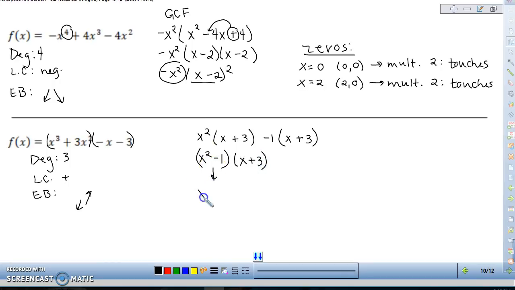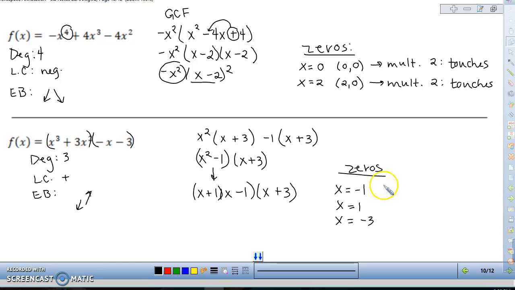We have another difference of perfect squares here, so I can write that as (x plus 1)(x minus 1)(x plus 3). Taking a look at these zeros, x equals negative 1, x equals positive 1, and x equals negative 3. And what I want you to notice, they all have a multiplicity of 1, which means they all cross.